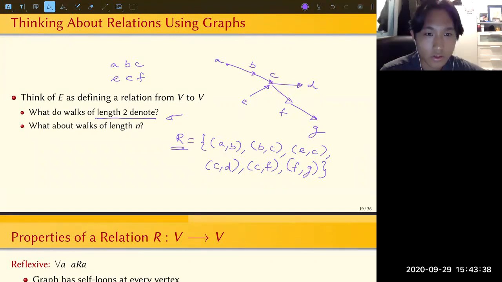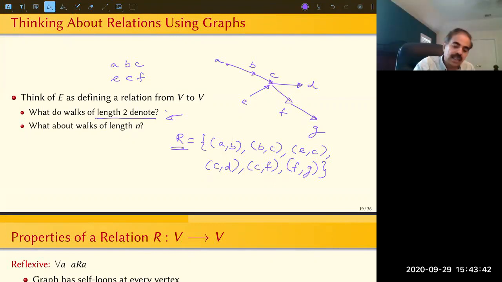You're applying the relation twice. Right. So this is the same thing as R squared, right? So R composed with itself, which means that you take one R edge and then another R edge. So that's what R squared means, right? So a walk of length 2 denotes R composed with itself once.